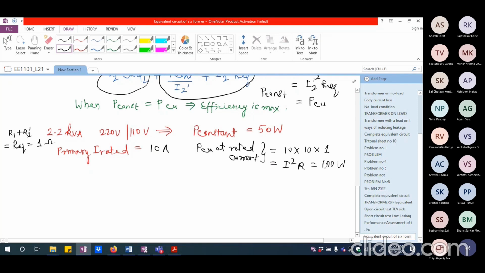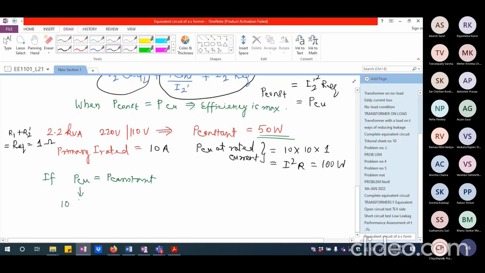When I have rated current flowing through my transformer, I am going to have 100 watts as the copper losses, whereas the constant losses remain constant at this particular value. So if I have to make copper losses equal to constant losses, then the current has to be varied. Resistance cannot vary. Resistance is set in stone. So the current has to come down.